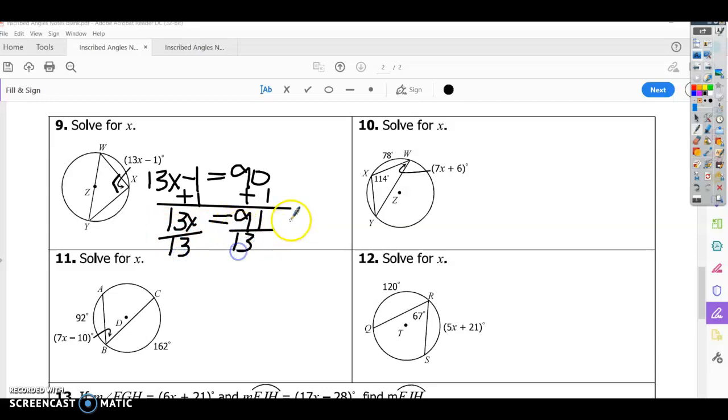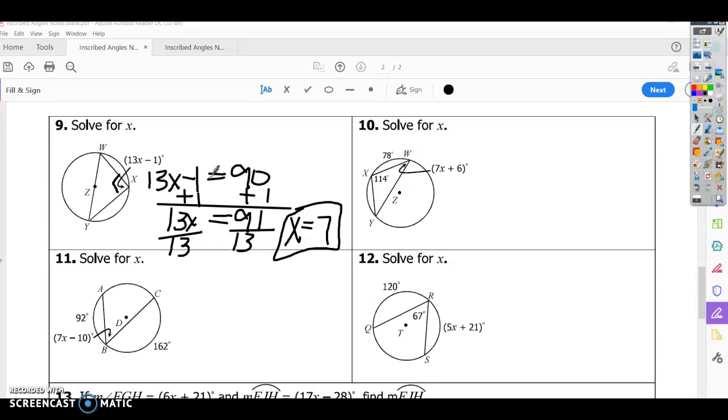Divide by 13, and x equals 7. Again, that's just coming from the very beginning where we looked at those definitions. Because that's a diameter, we know that's equal to 90 degrees. And since it gives us this, that has to be equal to 90, and you can solve.